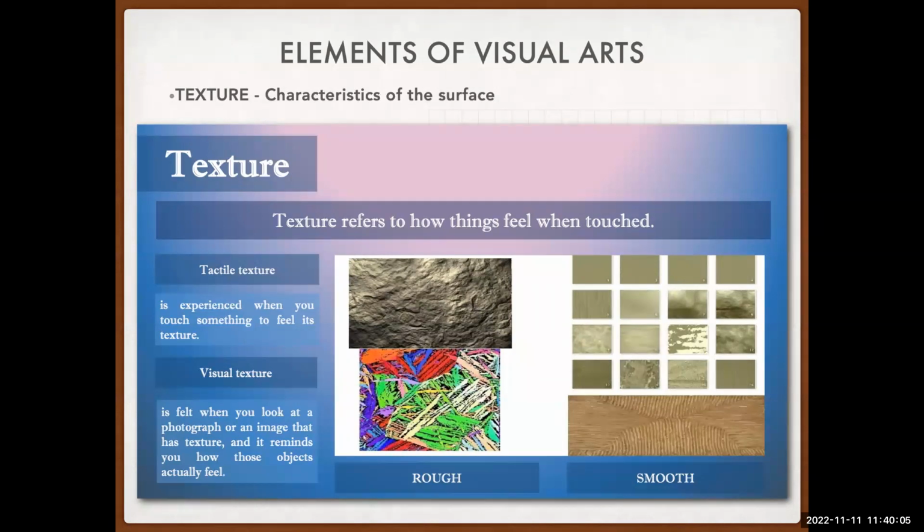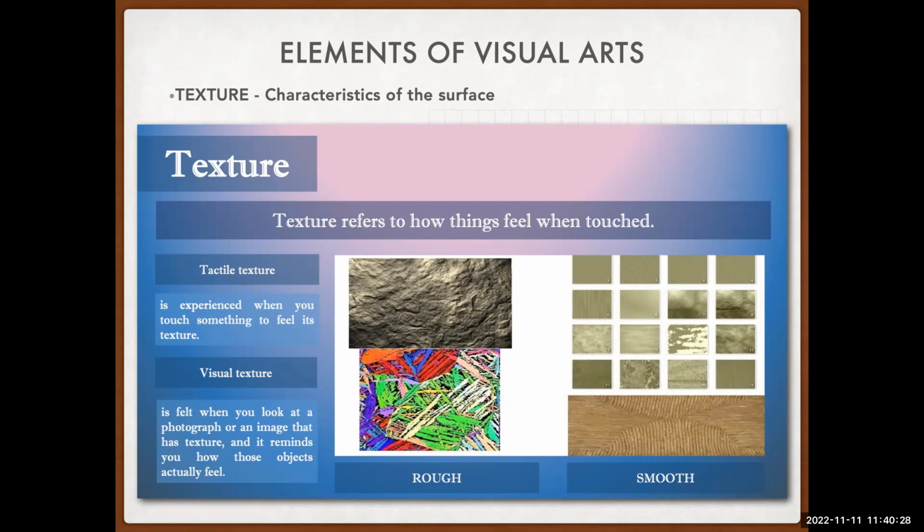The tactile texture is experienced when you touch something to feel its texture, while the visual texture is felt when you look at a photograph or an image that has texture, and it reminds you how those objects actually feel. Say, for example, rough and smooth. So there are two, tactile and visual.